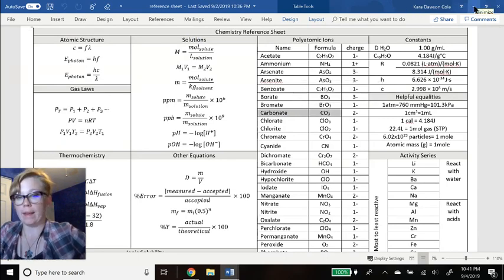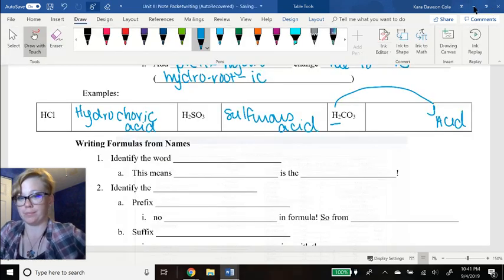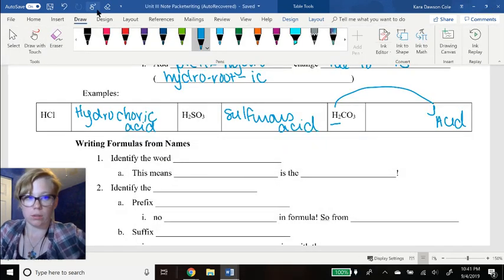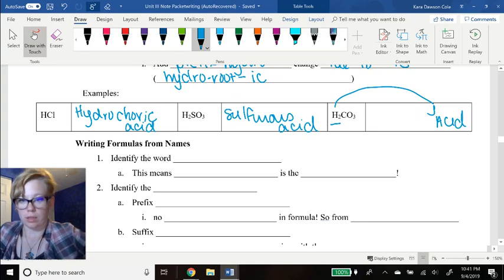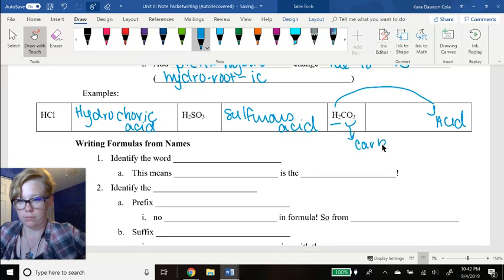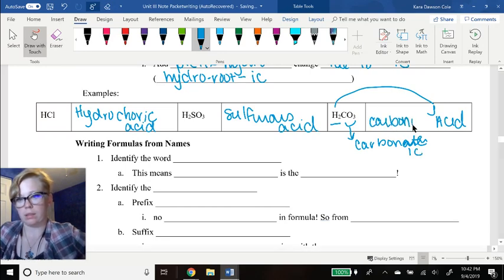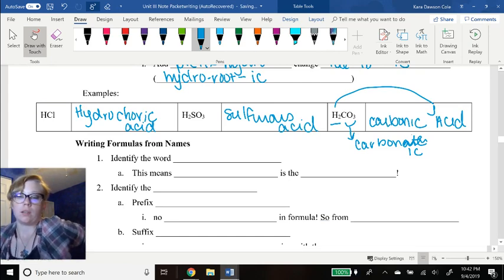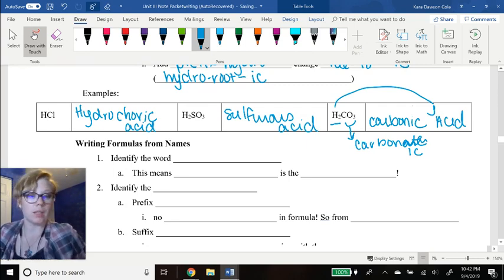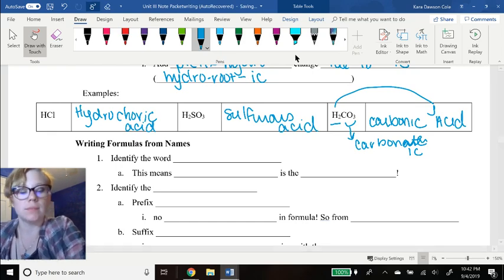So if I've got carbonate, I'm just changing the ate to ic: carbonic acid. Anytime you drink a soda, you're actually drinking a little bit of carbonic acid. But you didn't know that?